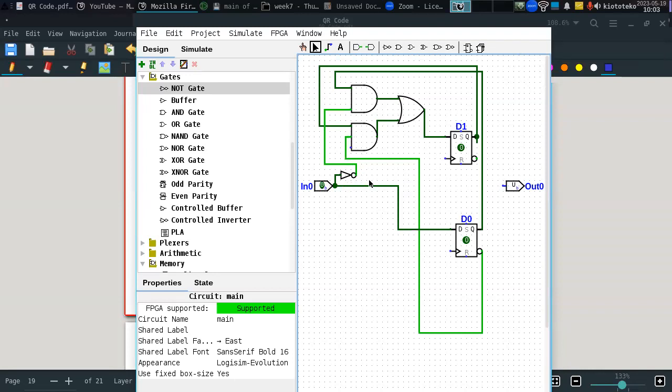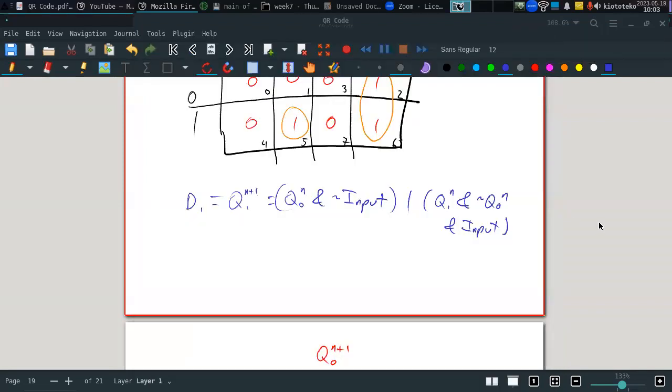And the inputs. Okay, and we have this. This is the logic that is behind the next state of the most significant bit of our state.